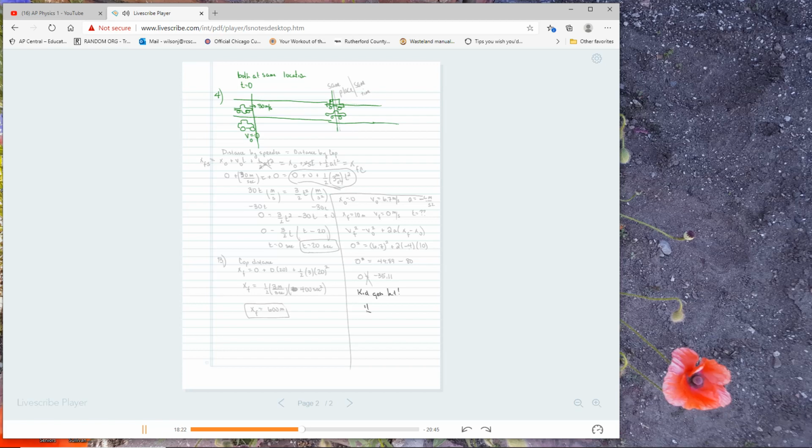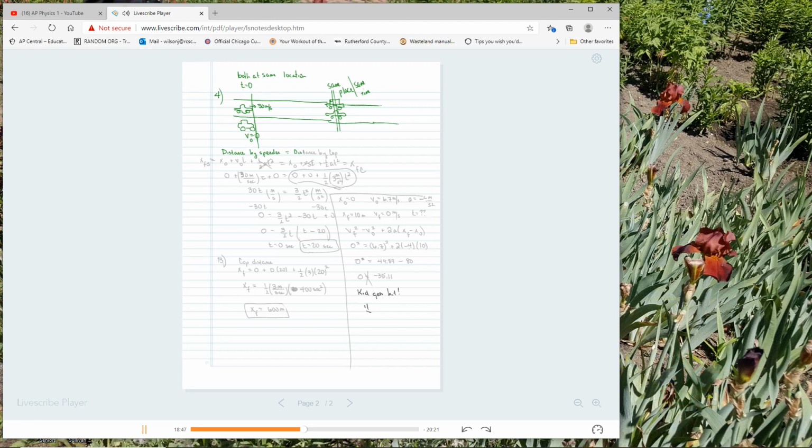So this is what I need: same place, same time. Same place, same time means this: distance by speeder needs to equal distance by cop. You guys buy that?